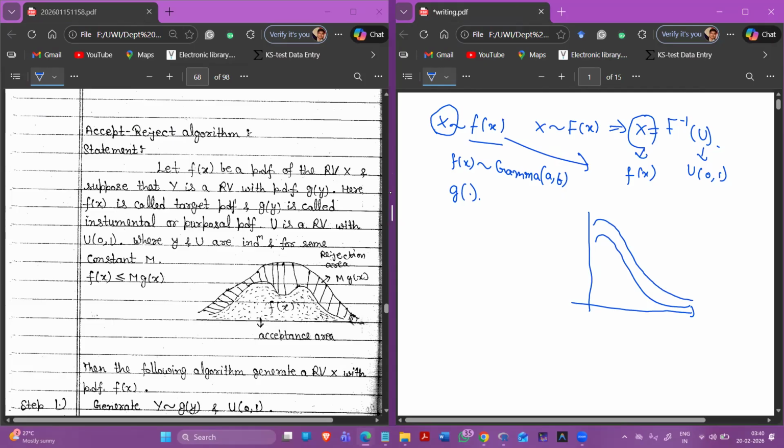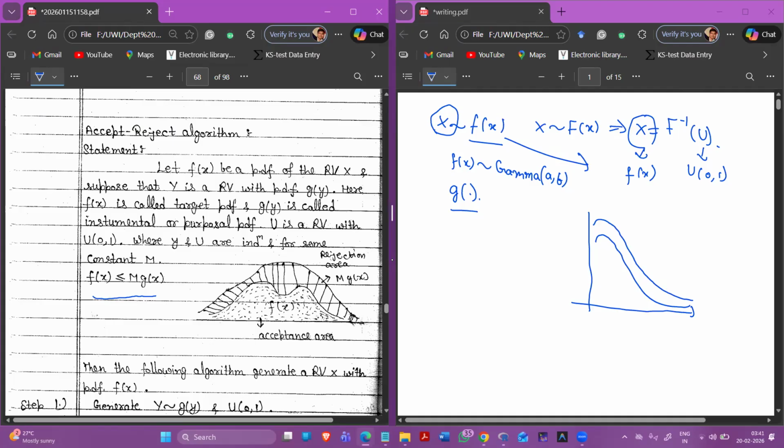Suppose we have g that overlaps it with the condition f_X should be less than or equal to M g_Y. Even if g_Y does not completely overlap, it is not necessary that for every single point of x the density of g will overlap it.